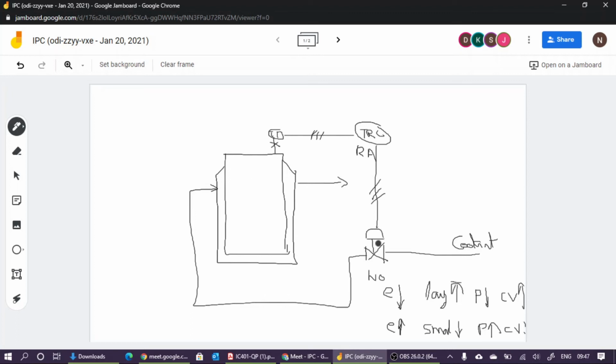Then in order to decrease the temperature, we have to open the valve from 90%. Already the valve is 90% open, so we have to provide further opening. Further opening means now the valve opening is close to or equal to 100%. If it is equal to 100%, the heat removal required is very large, and 100% valve opening is not sufficient.